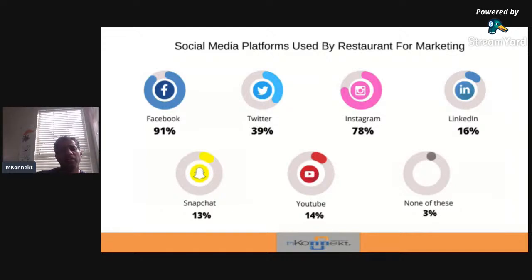By far, Facebook and Instagram are the most popular channels.